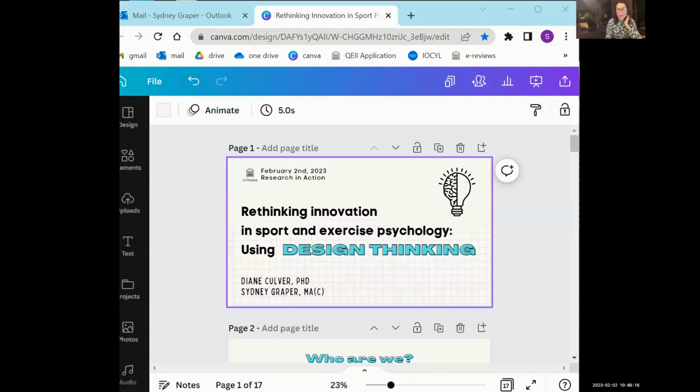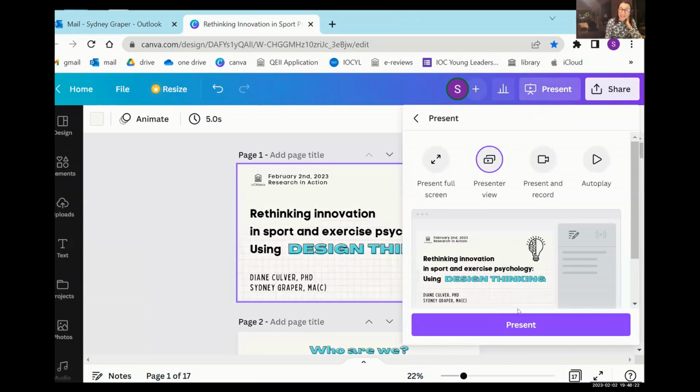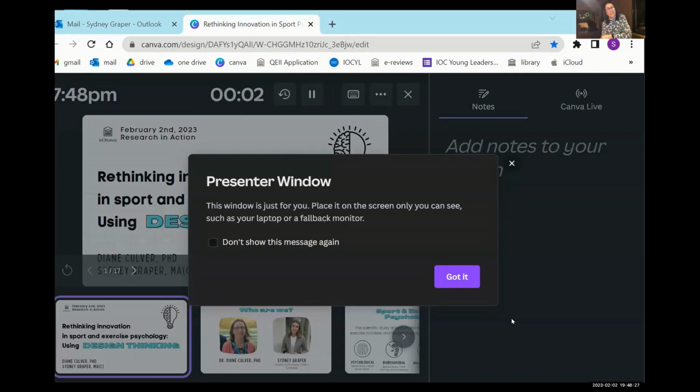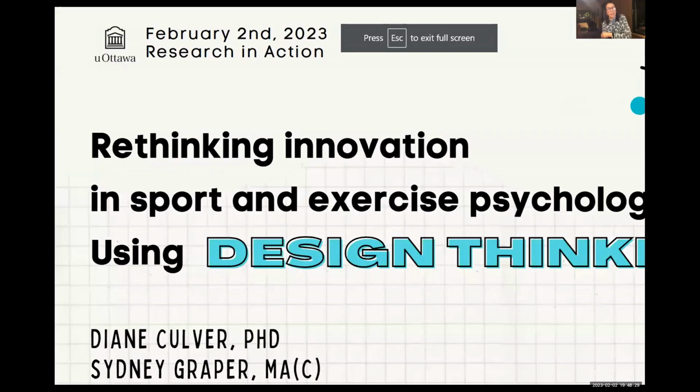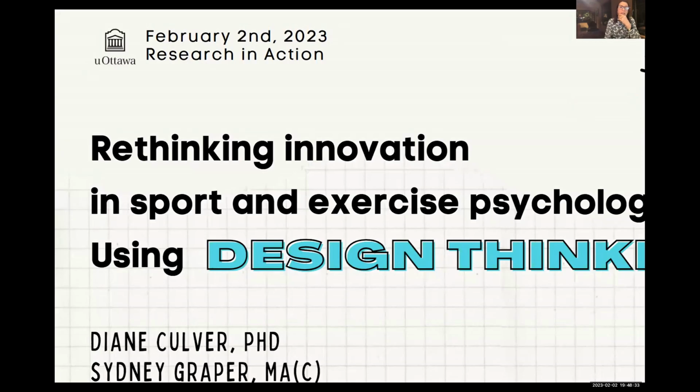Right, so I'm very excited to present this. Actually, mostly Sydney's going to present it. I think Sydney is in her second year of her master's with thesis, and she's going to be using a concept called design thinking in her project. She's going to show you about this through this presentation, which is not actually for her master's.